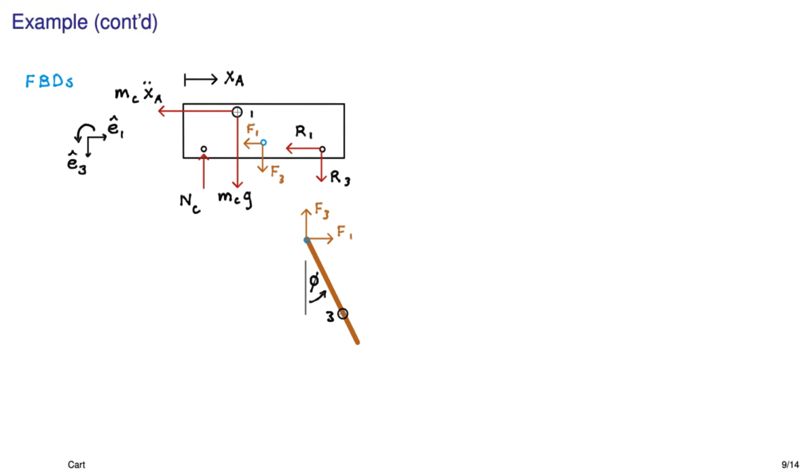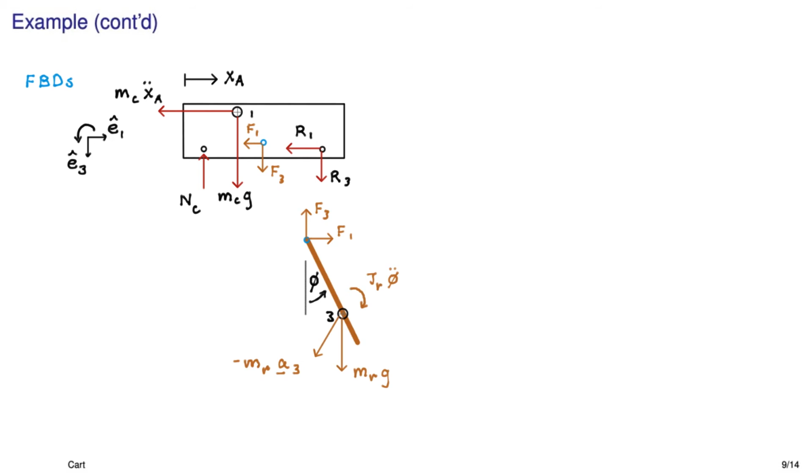Then we have to define a positive sense of rotation for the rod. I'm going to call that phi. And that allows us to put the inertial moment onto the rod's free body diagram. It also has a weight. And the most complicated part of the rod is the acceleration of its center of mass. I'm going to call that A3.